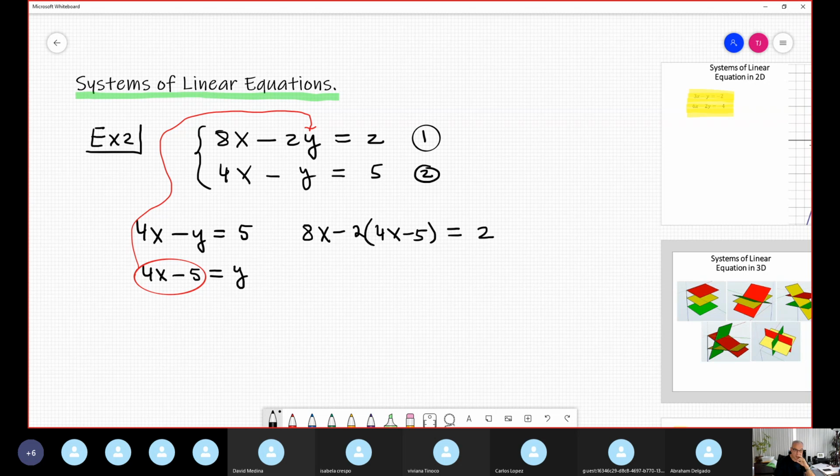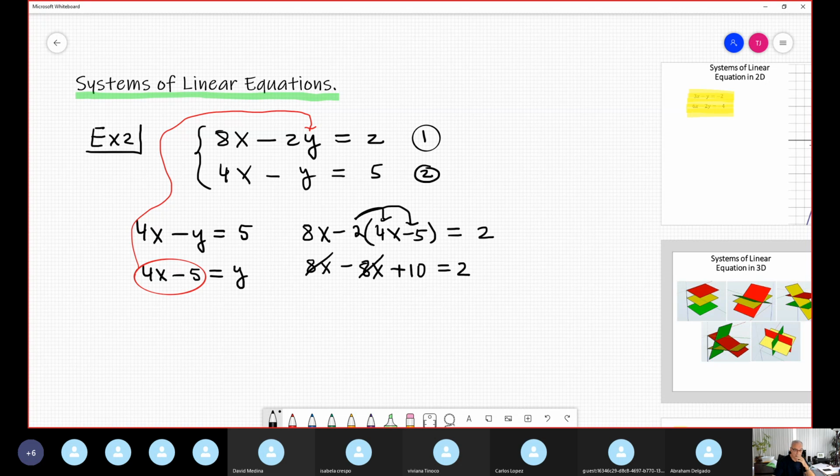Okay, now apply the distributive property. Multiplication here. 4x minus 2 times 4 is 8x. And negative 2 times negative 5 is positive 10, equal to. So something weird happened. This variable is cancelled out. So I tried to do my best.